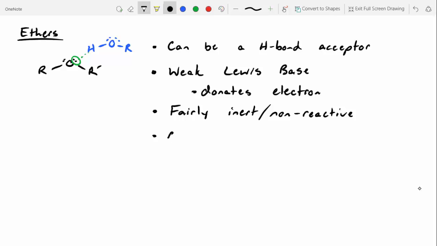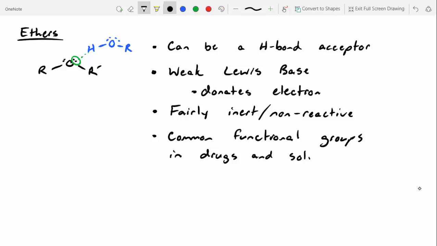And they're common functional groups in drugs and solvents. So if you go through and you look at a list of the best-selling drugs in the United States, quite a few of them have ether functional groups in them.